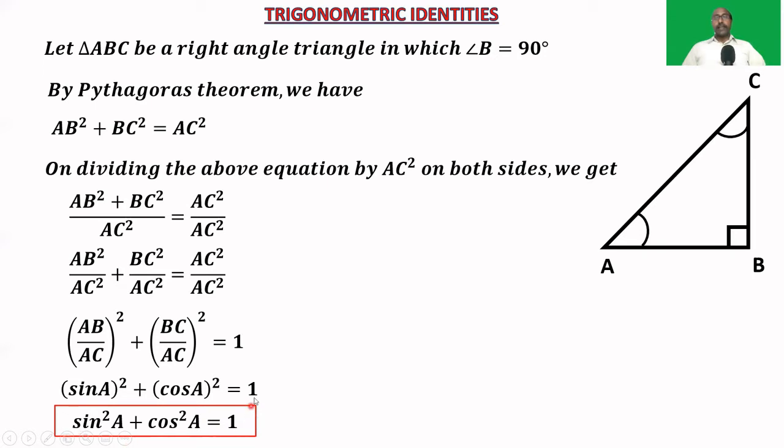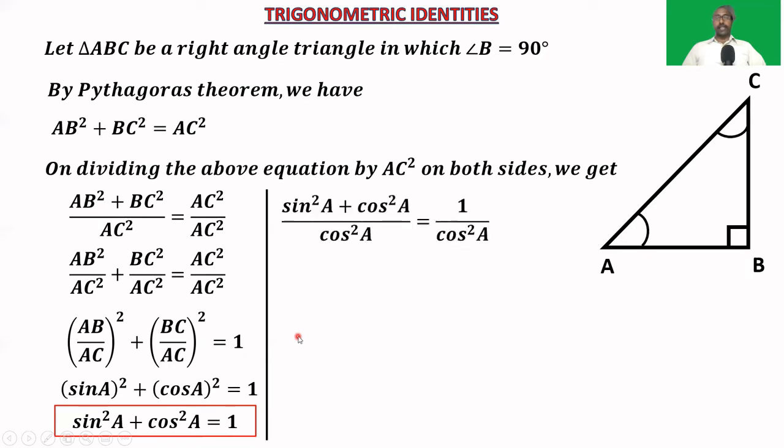From this identity, we can derive two more identities. Now, divide this equation by cos square A on both sides of the equal symbol, like this.